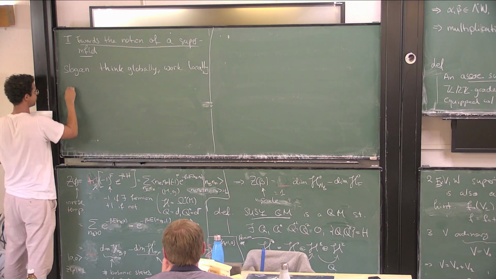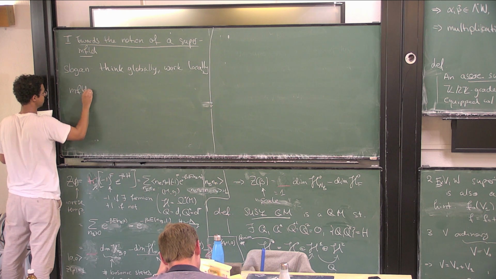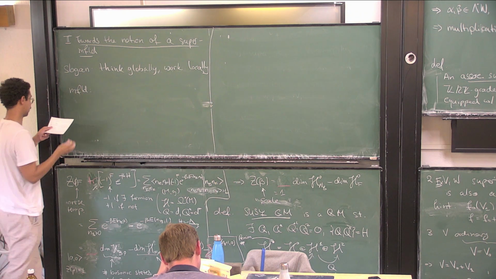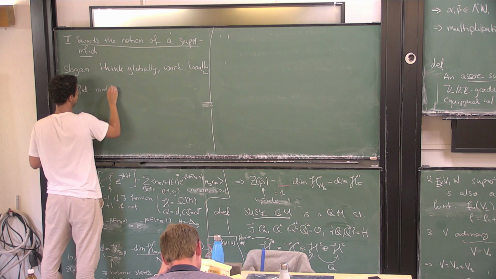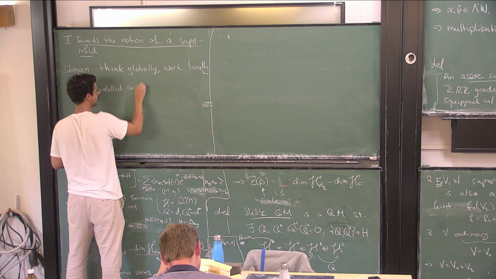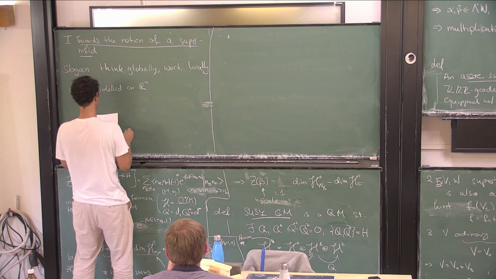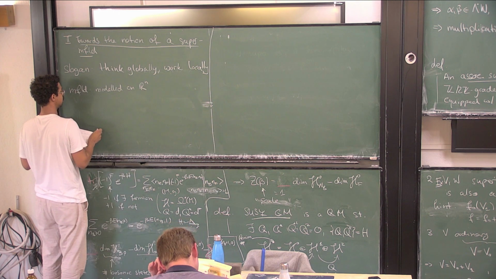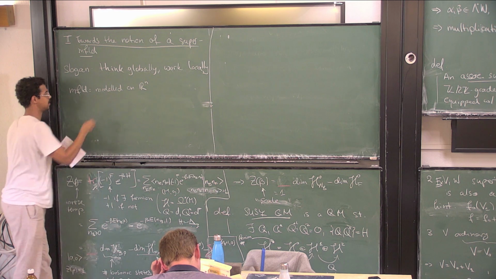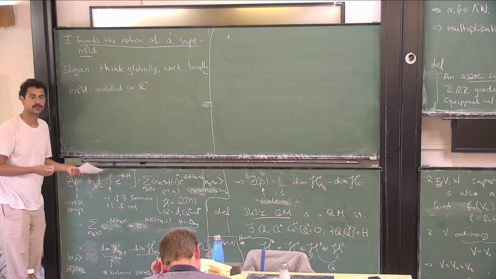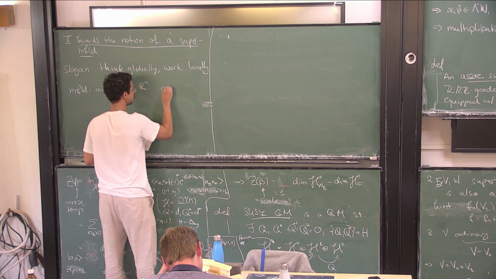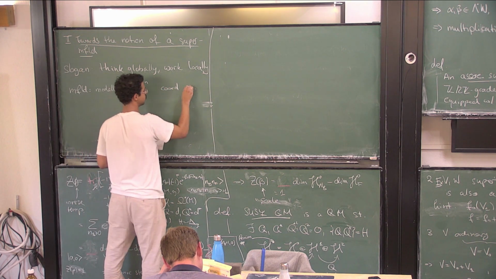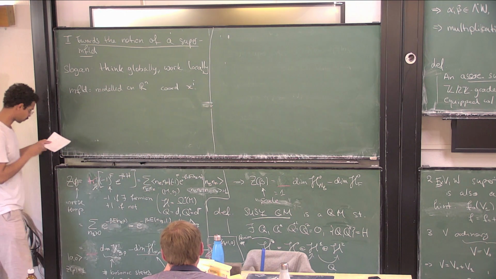So if we follow this, then in that sense, what is an ordinary manifold, let's say modeled on Rn? Well, it's a space which locally kind of looks like Rn. So in particular, we would say then this has coordinates xi, even.